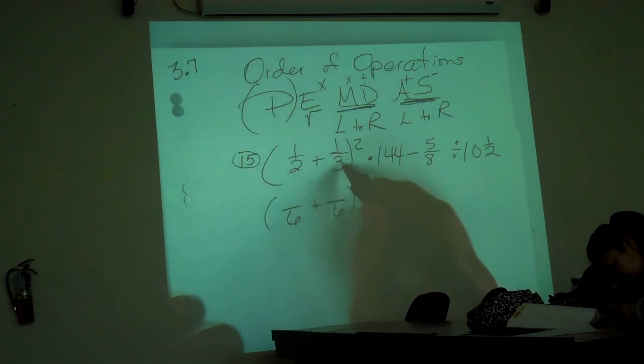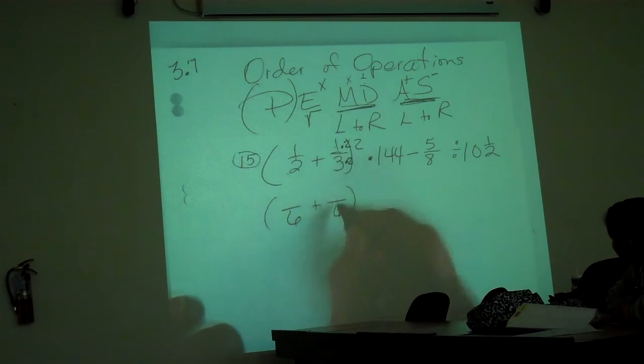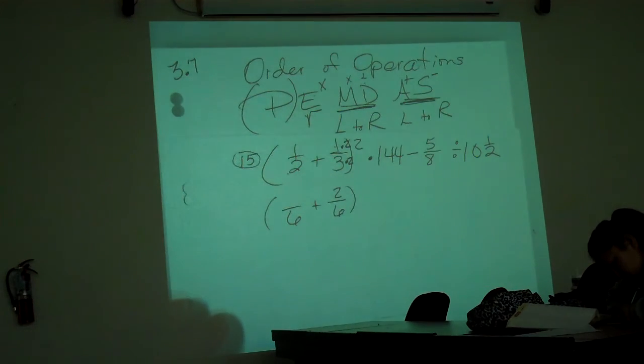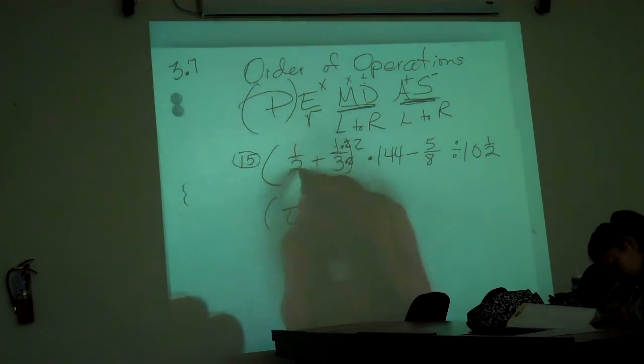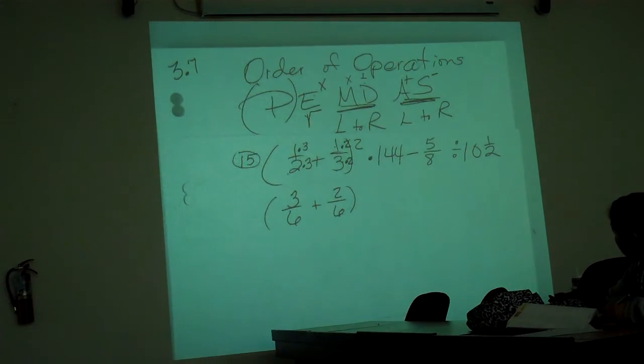Okay. 3 times 2 is 6, right? You need to times 2 on the top and bottom. 1 times 2 is 2. 1/2, we need to do 2 times 3 to get 6, so do the top times 3. So we have the 3/6.